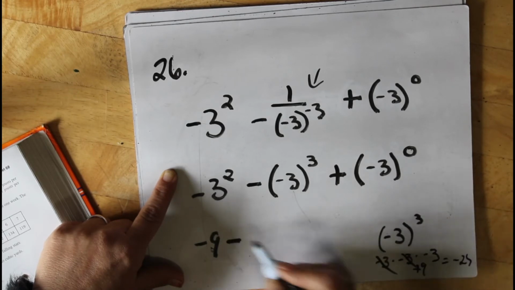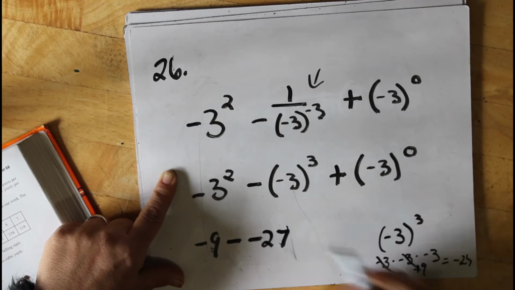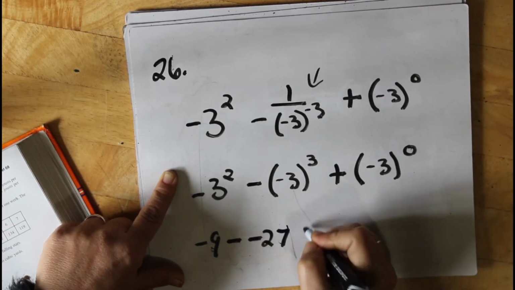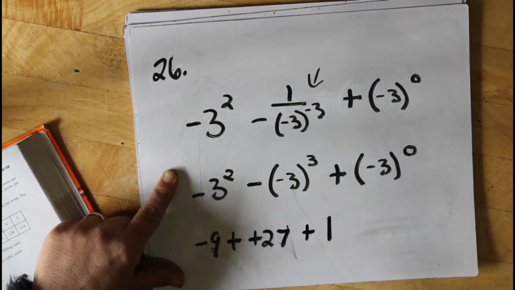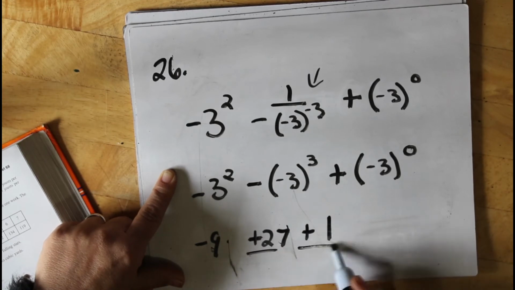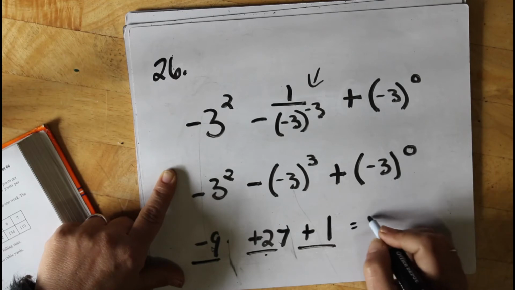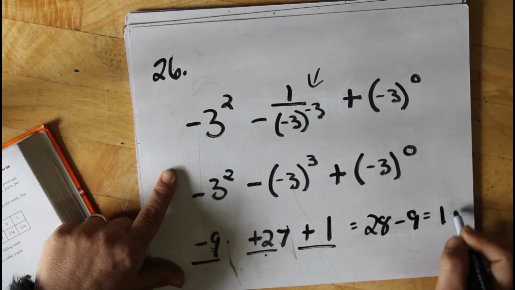So that's going to be minus negative 27. And then negative 3 to the 0 is just going to be 1. Now these two are going to cancel each other, negative and negative. So we're going to have a positive 27 and a positive 1, negative 9. We're going to put these two together first. So we're going to get 28 minus 9, and that's going to equal 19.